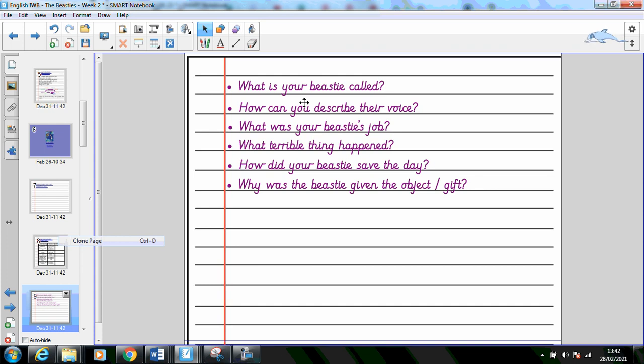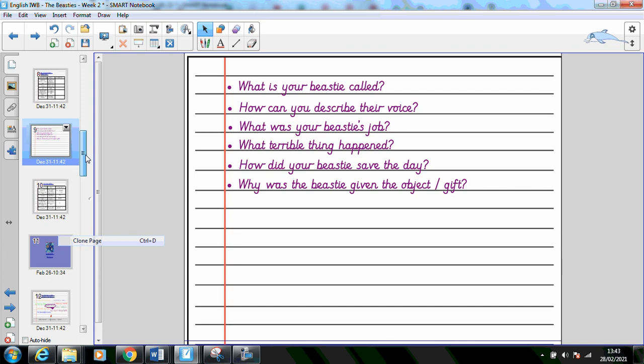So start with an object you think would be good to write about. It might be a ring or a button or a shell or a feather, like in the beastie story, or it might be something different, something just ordinary that's laying around. So I think I'm going to use a comb to help me start off my story.